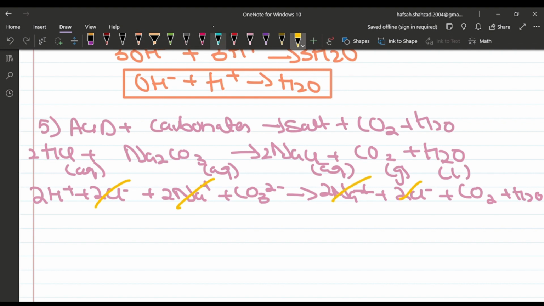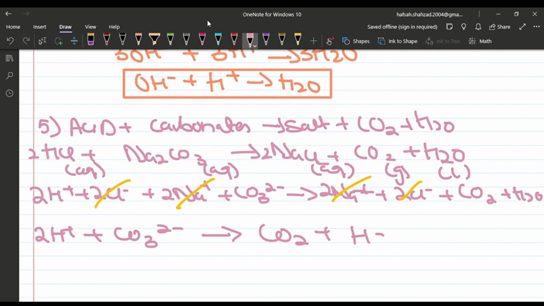Spectator ions are cancelled, and we are left with 2H plus, CO3 2 negative, CO2 and H2O. This is the final ionic equation of a reaction between an acid and a metal carbonate, which gives out salt, carbon dioxide and water.